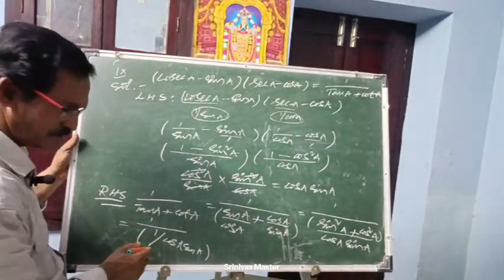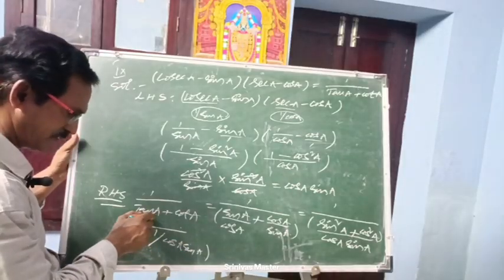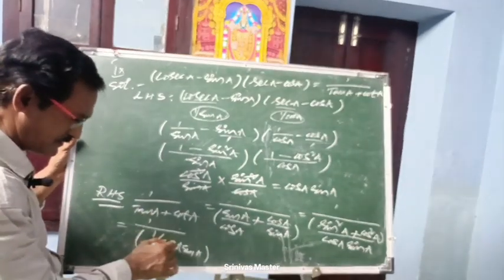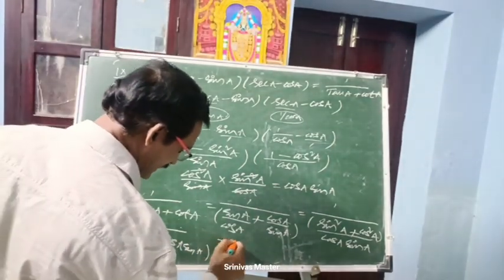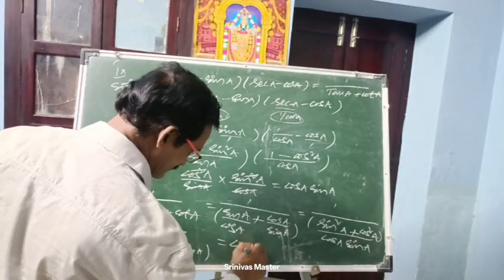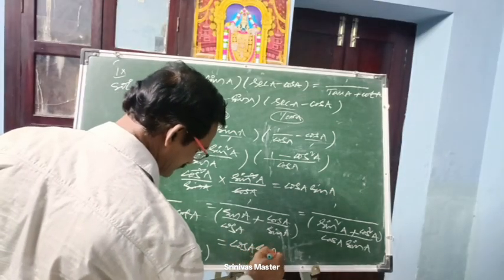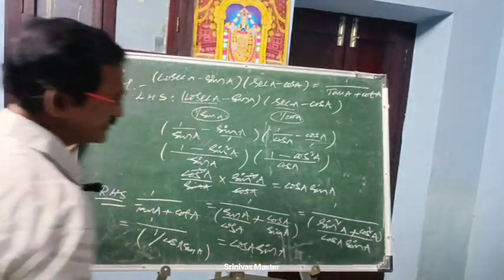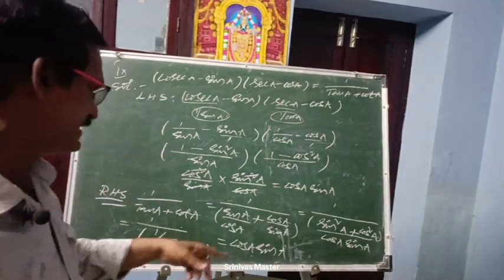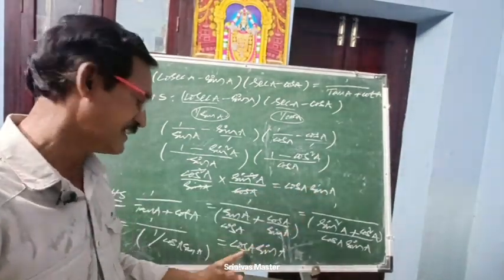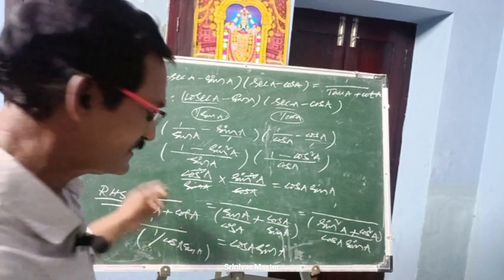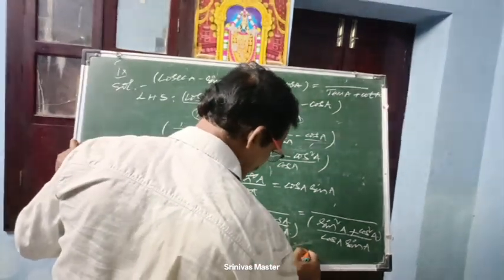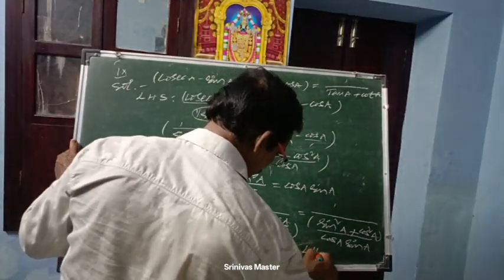In a complex fraction, the reciprocal cos A sin A goes to the numerator, and the numerator 1 is already there. 1 into cos A sin A, cos A sin A. See now, LHS is cos A sin A and RHS is also cos A sin A. Hence, we can say that LHS is equal to RHS.